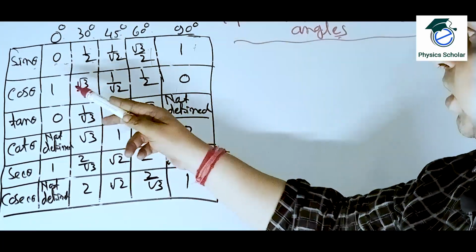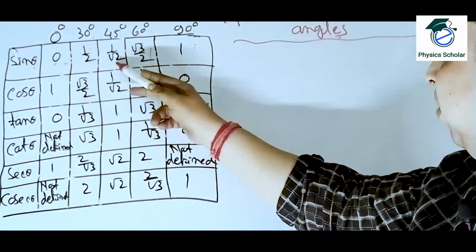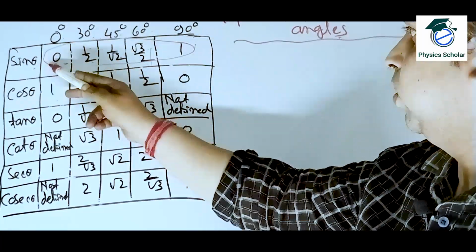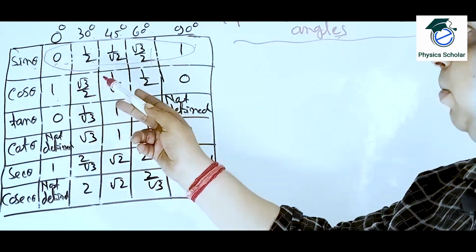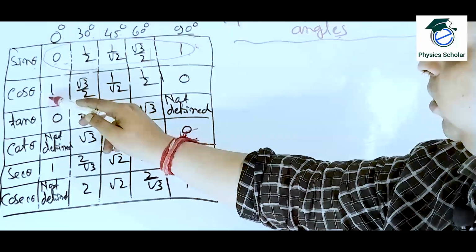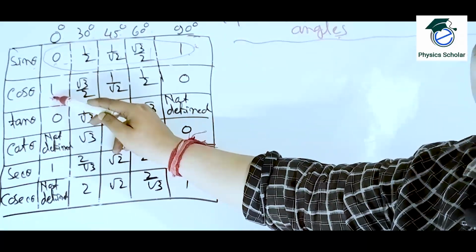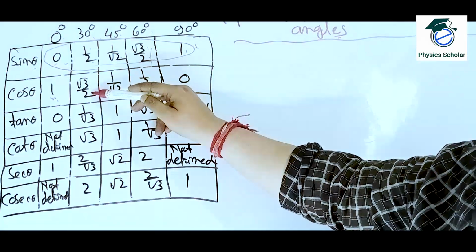Clear? So cos means whatever the sine value from 0, cos will be just the reverse of that. That means it will be 1, clear, sine 90 and cos 0 same, that means 1. Then it is what, root 3 by 2, it will be root 3 by 2.